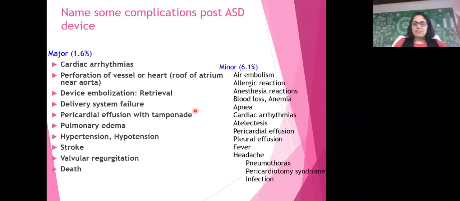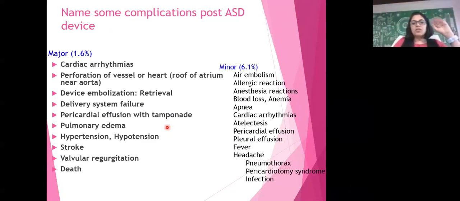Major ones are arrhythmias, such as heart block or SVT, perforation of the heart, device embolization, tamponade, obviously a stroke, if you by chance, unfortunately, don't anticoagulate properly and a clot forms, and very, very rarely death. And minor complications would be your anesthesia reaction, blood loss, and so on.